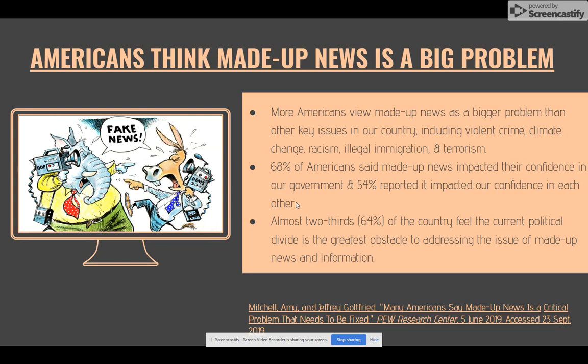And so when we're looking at news and information, we need to carefully decide whether or not we're going to allow that message or that information to inform our opinions. Because as soon as we allow it to do that, then it's really difficult to change our minds. So we really need to take this part seriously.